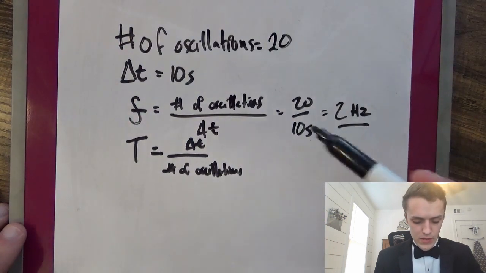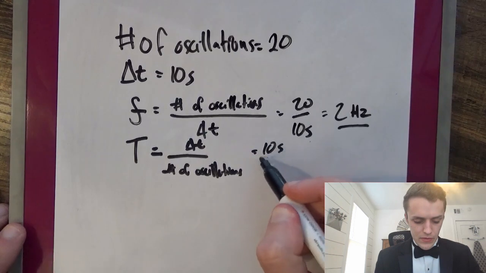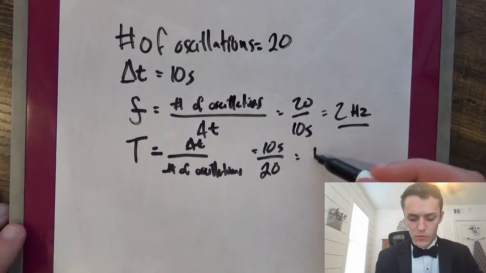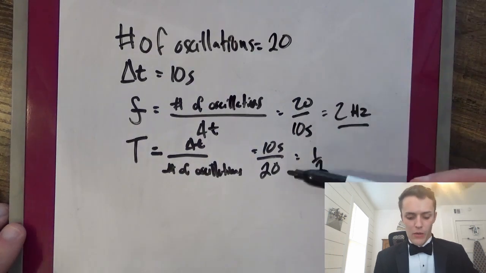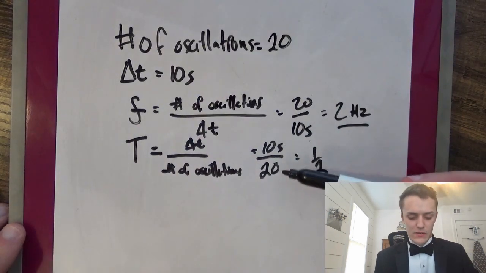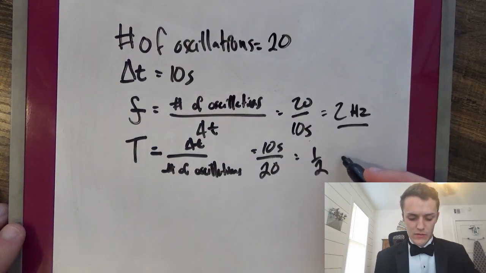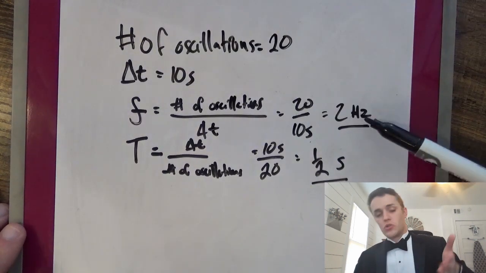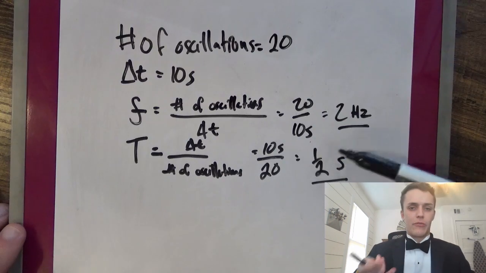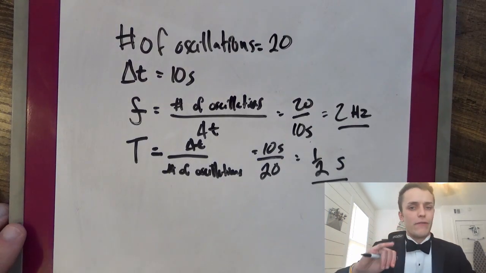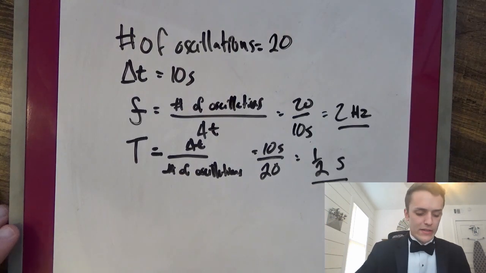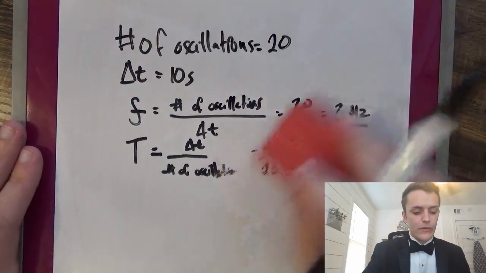So delta t is 10 seconds. The number of oscillations is 20 oscillations. 10 divided by 20 is 1/2. Notice 10 is in seconds, 20 has no units, so we're left with seconds. So 1/2 second. Notice that we have 2 for the frequency and 1/2 for the period, so they're just inverses of one another. And that's all we have for number 1. I'll erase this so we can move on to number 2, pause it if you need time.